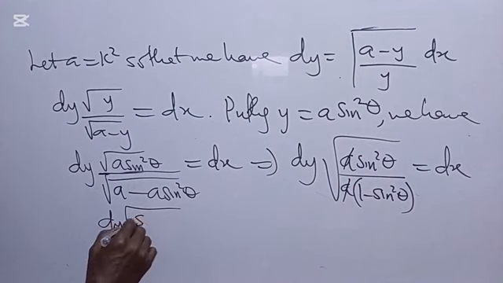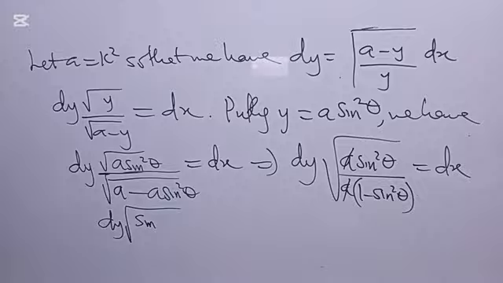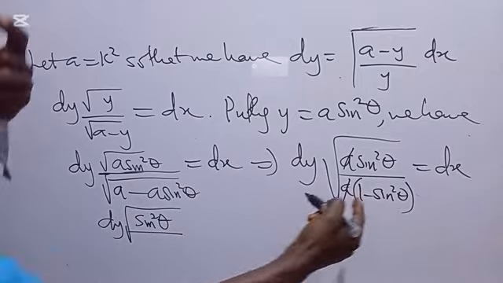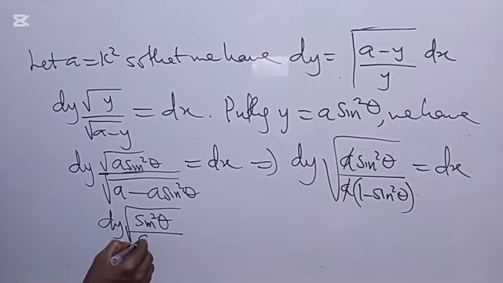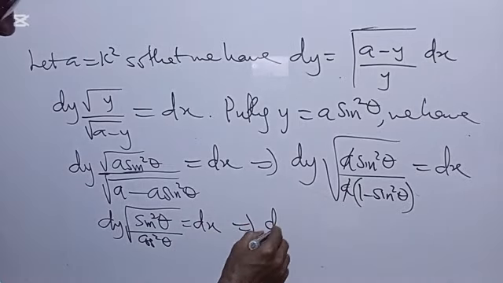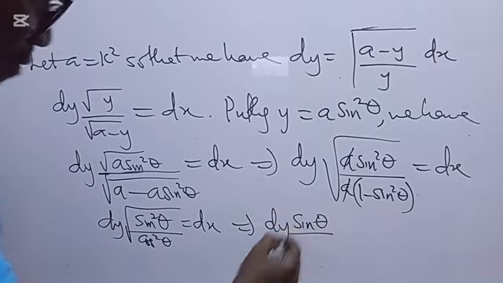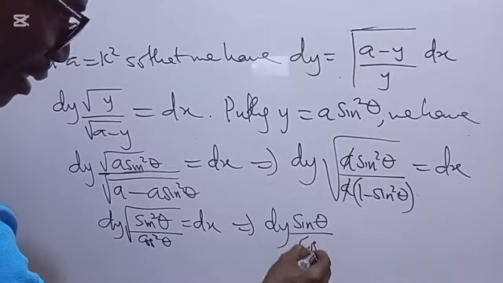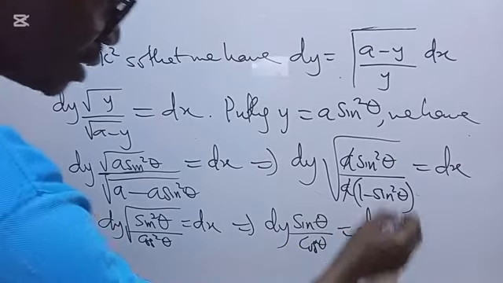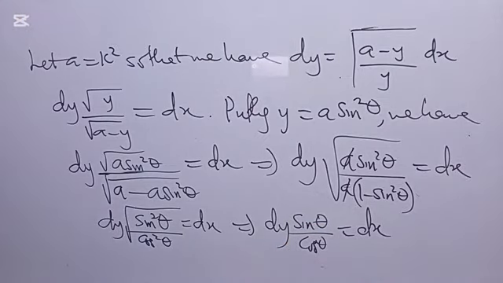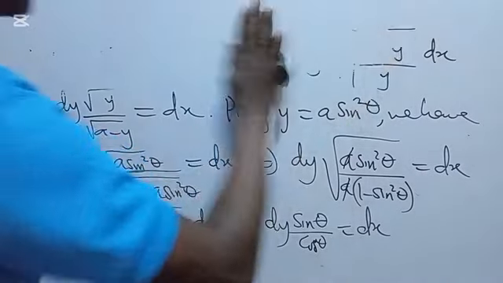The square root of sine squared theta all over 1 minus sine squared, which is cos squared theta, equals dx. So we have sine theta all over cos theta. Are you sure we get that? Good, so let's continue.